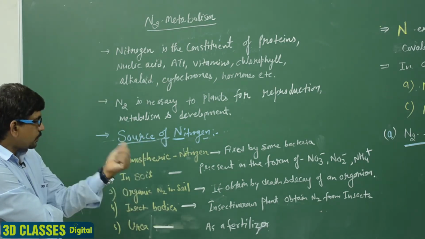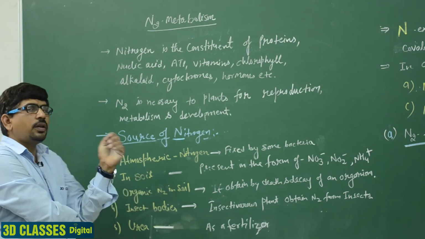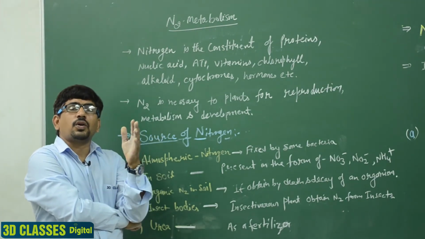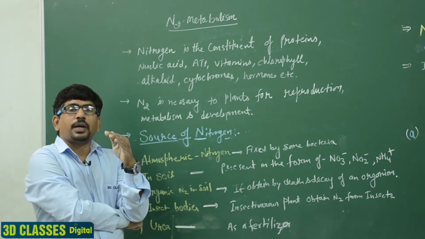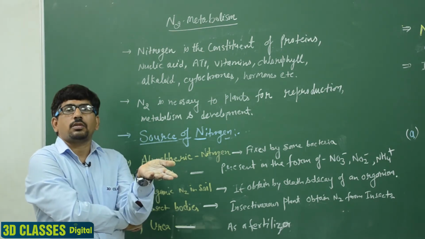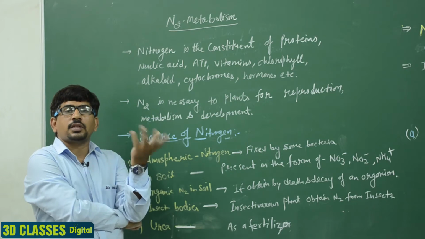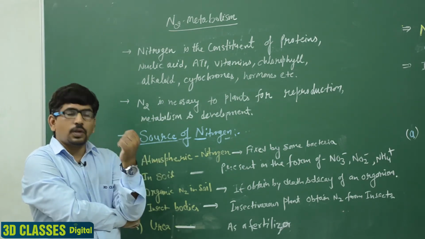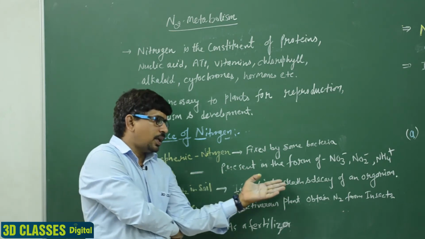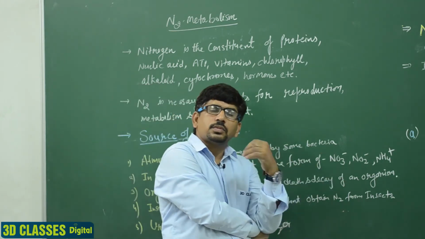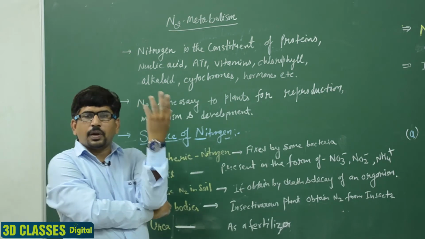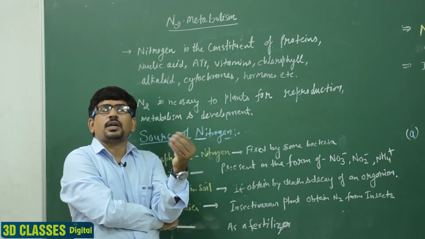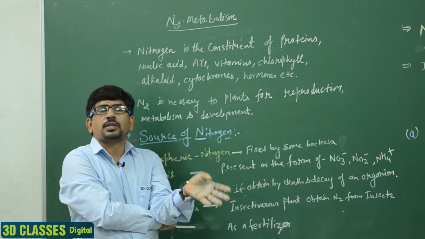Clear? Organic nitrogen in soil. Second, organic nitrogen. We can see the organic matter. Organic matter is decomposed by the bacteria and fungi, so they release the nitrogen inside the soil. It is obtained by the death and decay of organisms. Any death and decay, a plant's branch falls in the soil, decomposes, they release the ammonia, they release the ions.